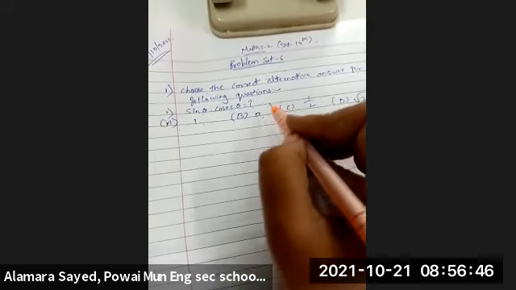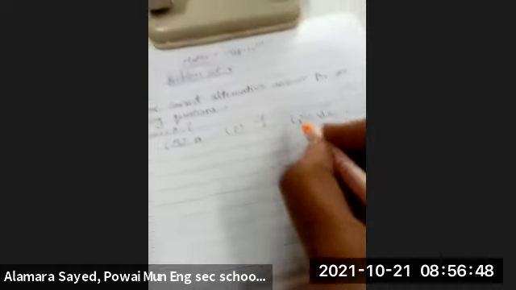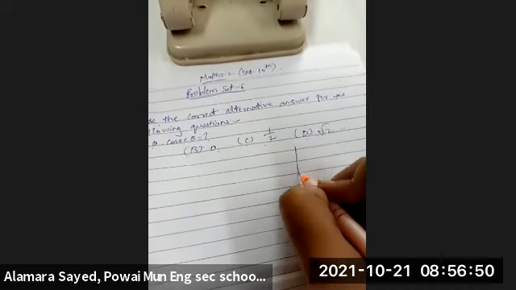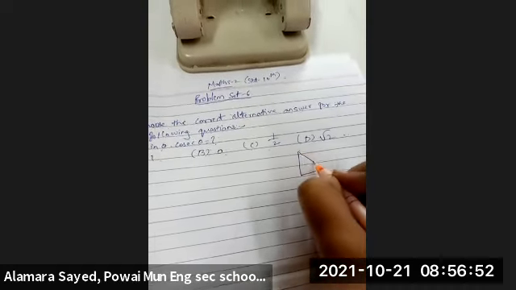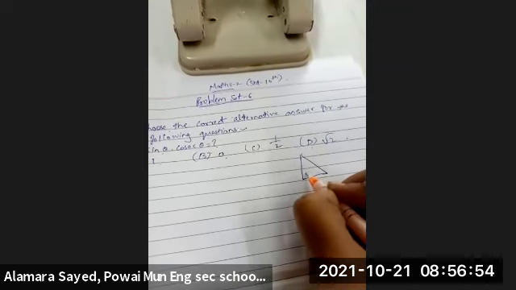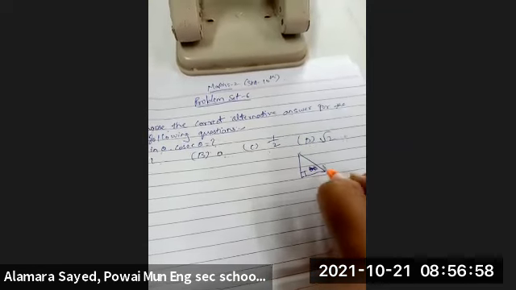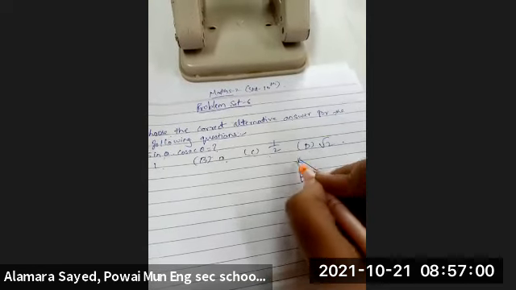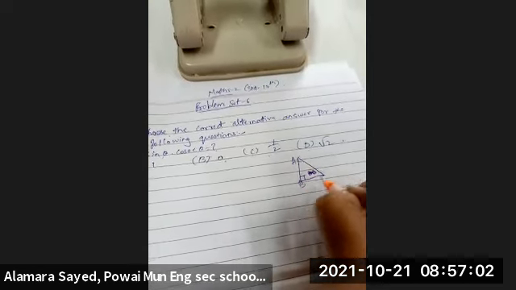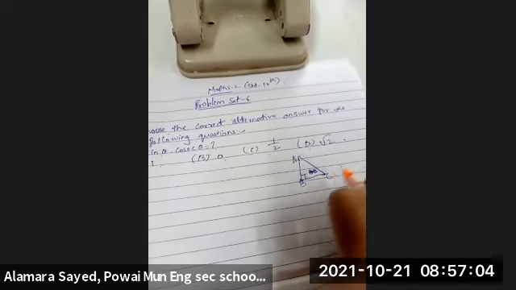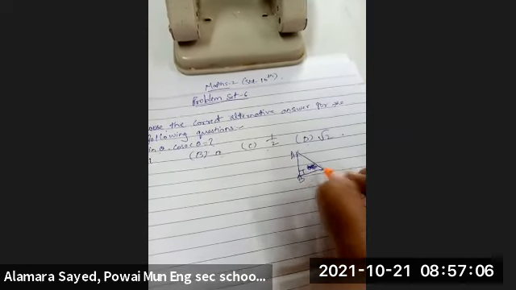For this, remember that we have seen a 90-degree triangle. We name it A, B, C, and C is theta.